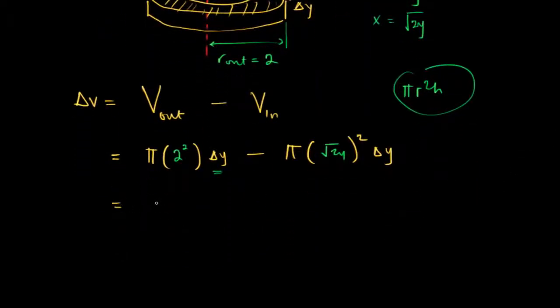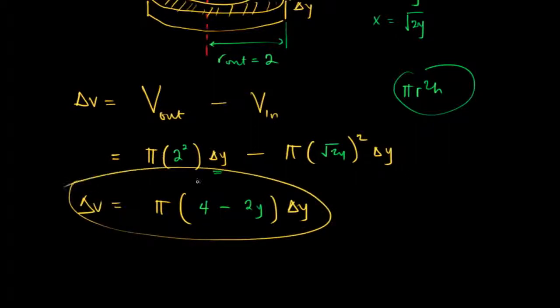So you could bring pi out, so you have 4, then minus the square root of 2y all squared, which is going to give you 2y, so this is negative 2y, and then you have delta y. So this is the volume of the cylinder.